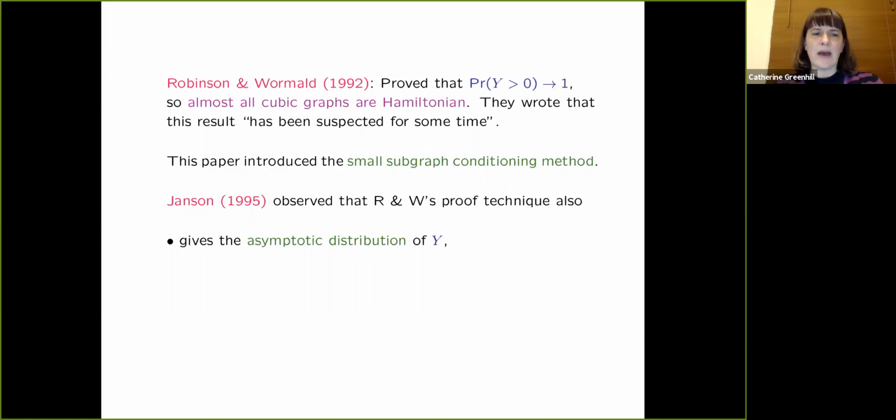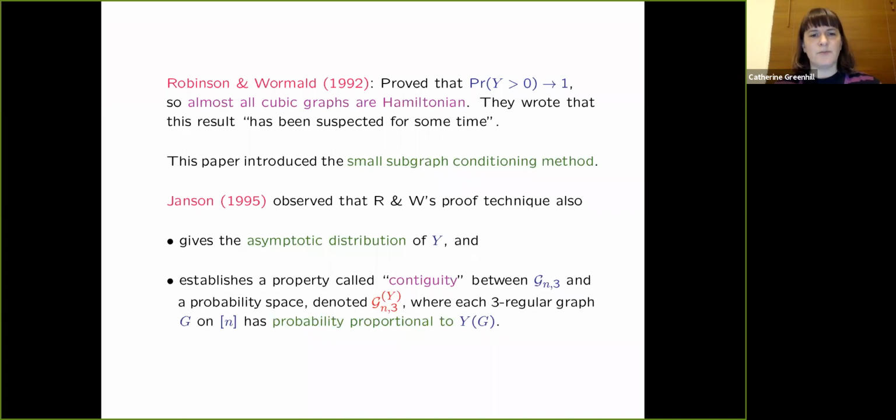And then after these 2 papers, Janson wrote a paper pointing out some things that were implicit in the original work and stating that the same method actually gives you the asymptotic distribution of the random variable and establishes this property called contiguity. And now I can tell you, in this case, what the 2 models are that end up being contiguous.